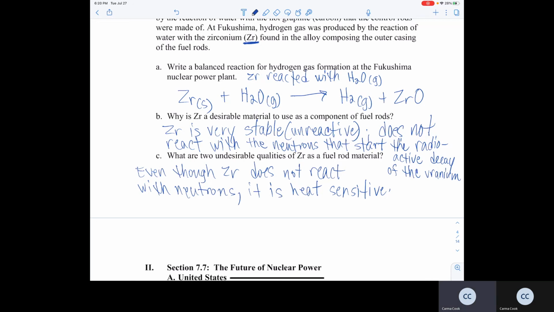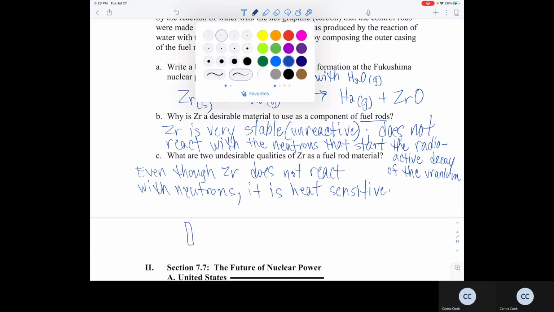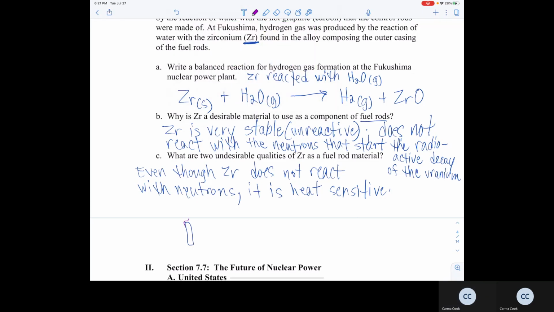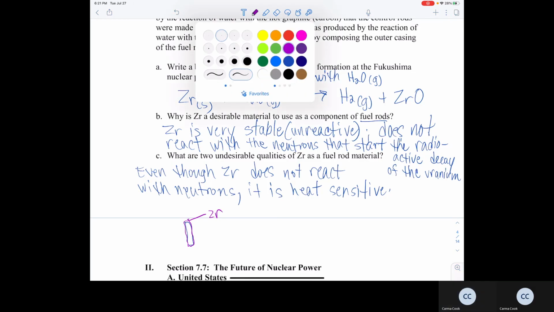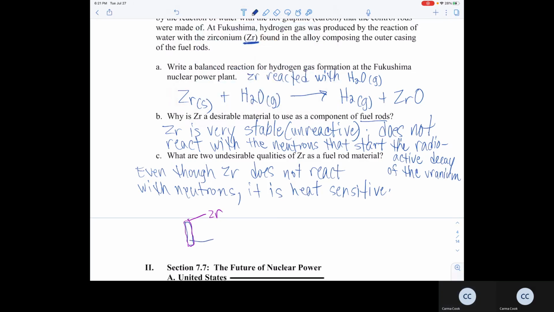And therefore, once the zirconium covers the fuel rods, so those are the uranium pellets inside the fuel rod.